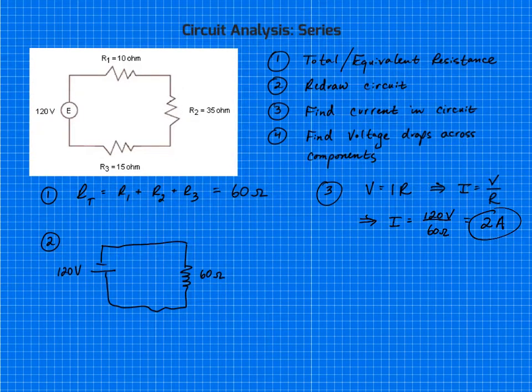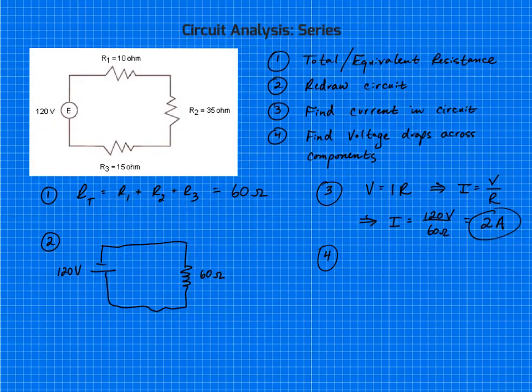All right, now this last part where we're finding the voltage drops and making sure that they equal what's coming out of our battery, we have to go back up to our original circuit because we need to find the voltage drop across this resistor, and across this resistor. Now remember, voltage drop is just a fancy phrase that we use for how much pressure or how much voltage we need to push the current through these various components.